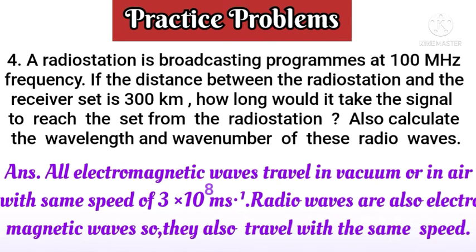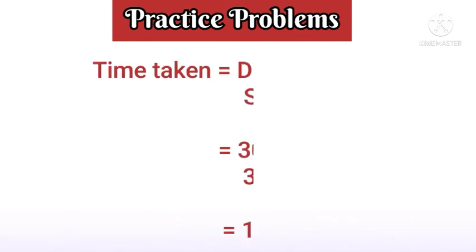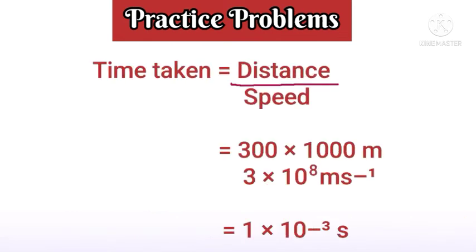They will also have the same speed. Now we know that time is equal to distance by speed, and distance is given as 300 kilometers. So we can write this as 300 × 1000 meters, divided by 3 × 10^8 meter per second, and on solving this we get the time to be 1 × 10^-3 seconds.